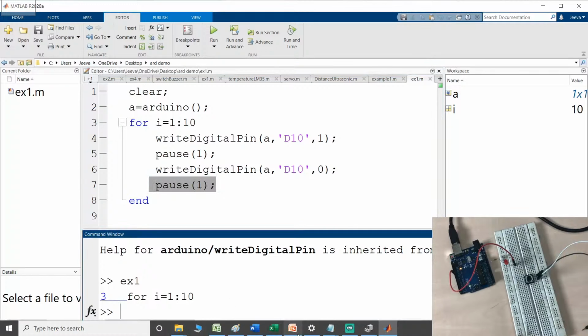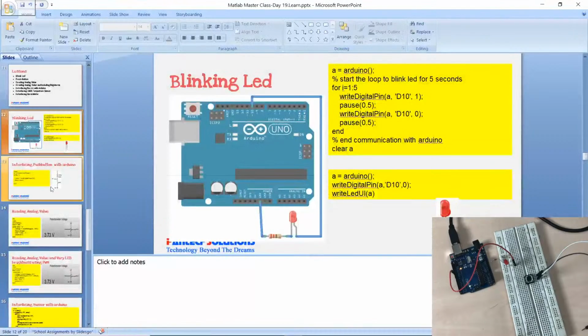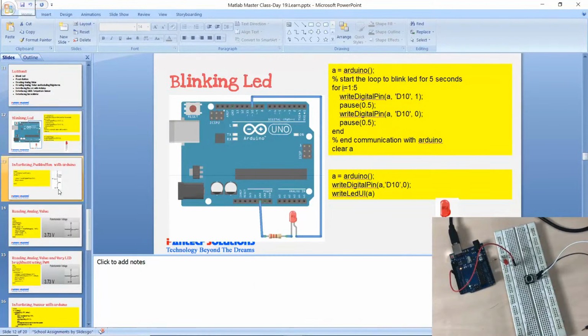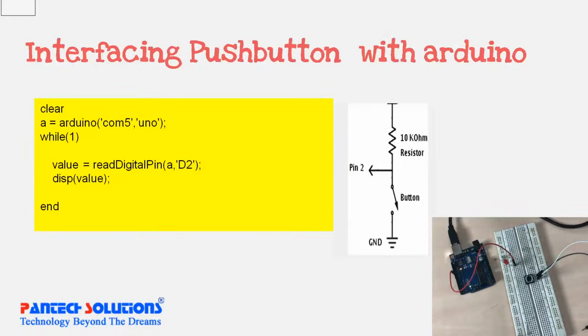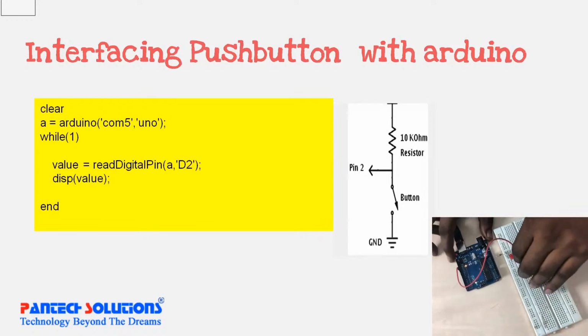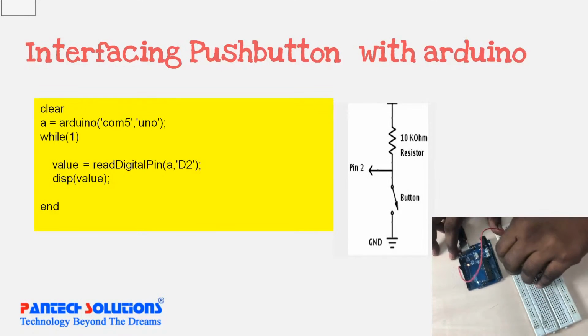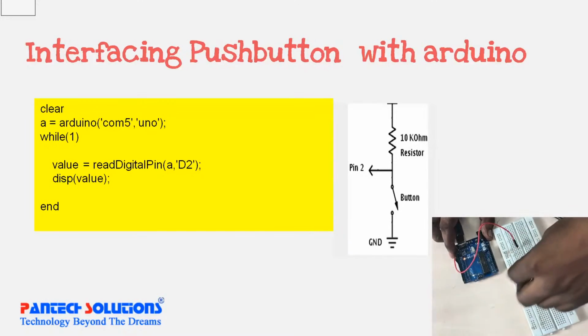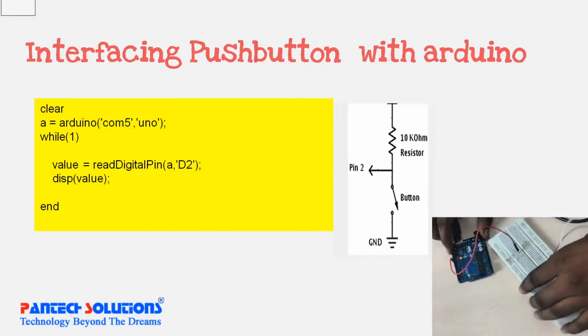So the next experiment is the switch. I'm going to interface a push button here. So I have a push button here. I'm going to disconnect this one. I'm going to connect this to D2.